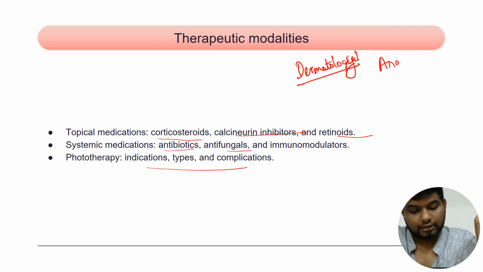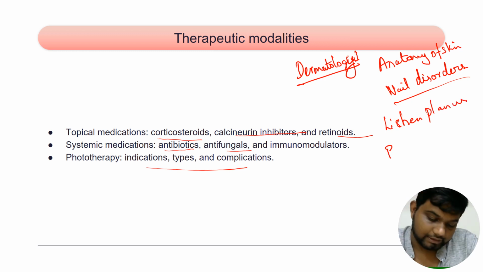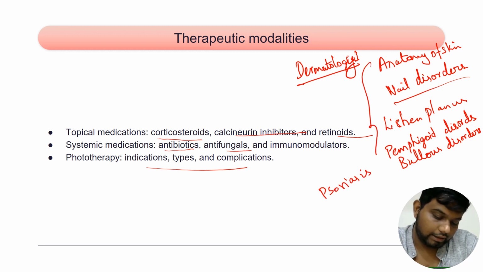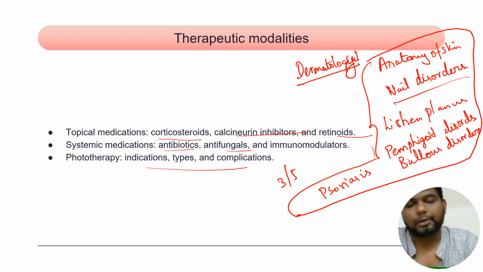You have to remember the anatomy of skin, nail disorders, and a few important diseases like lichen planus, pemphigus disorders or pemphigoid disorders, bullous disorders, and psoriasis.